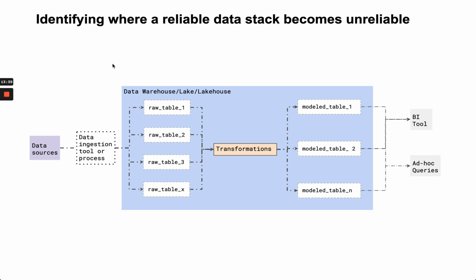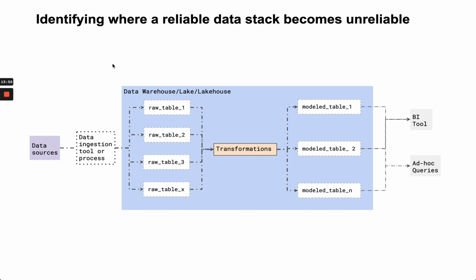So in this case, walking through the diagram again, left to right, we'll be starting with data sources. The data sources here could be business applications, could be transactional databases. For purposes of this exercise, it doesn't matter too much. You can interpret it however you want.